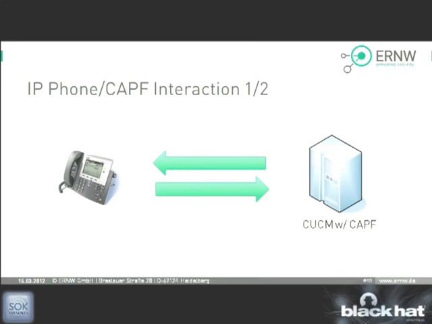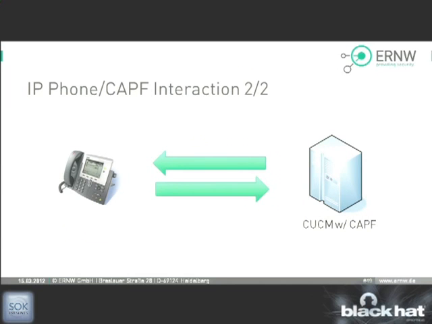The way it goes is, once the phone initially boots, the phone contacts the TFTP server running on the CUCM. The CUCM sends an initial CTL file, the one that was generated earlier by means of the token and bundling the certs. The phone checks if it has an LSC, the locally significant certificate, installed.